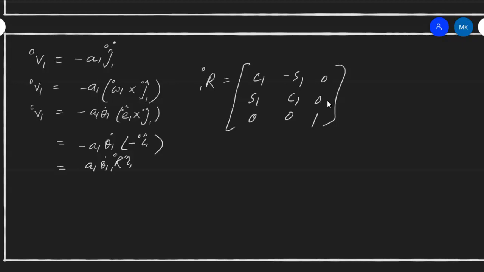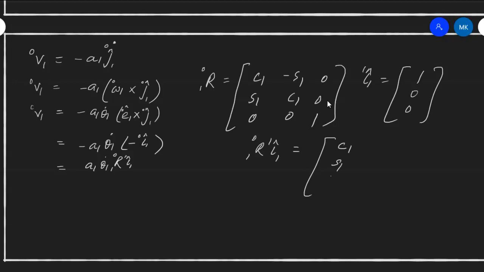If we multiply this with i1 of 1, which is nothing but 1 0 0, because this is the unit vector along the x-axis, R1 to 0 into i1 of 1 will give us cos theta 1, sine theta 1, and 0. So we'll finally get a1 theta 1 dot times cos theta 1, sine theta 1, 0. This further leads to a1 theta 1 dot cos theta 1, a1 theta 1 dot sine theta 1, and 0.